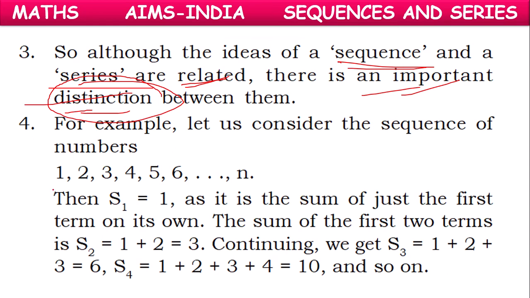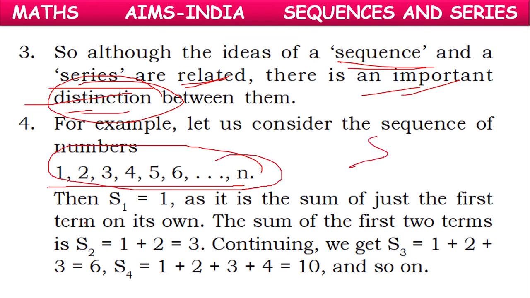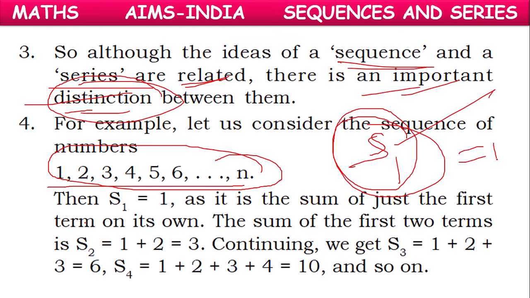For example, if you have a sequence 1, 2, 3, 4, 5, 6 up to n, here S1 means the sum of terms up to the first term, so only one term is considered in the case of S1. So the S1 value equals 1.